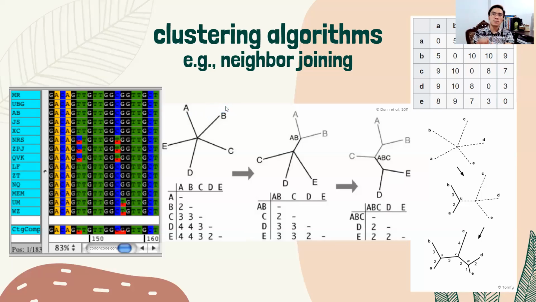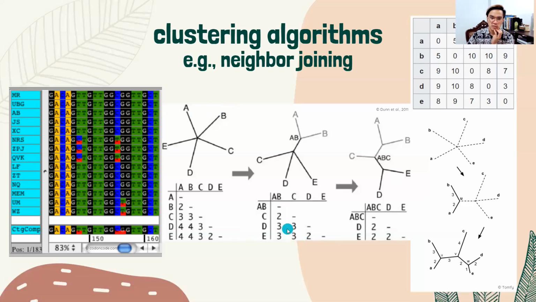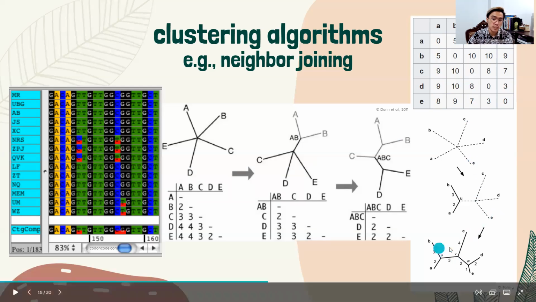And then of course, at some point, the computations might give us equal distance for C, D, and D is just like 3 compared to AB. How will the algorithm choose now? Especially if you have more taxa and more different genetic distance units in the distance matrix, you're going to end up with completely different initial branching networks.